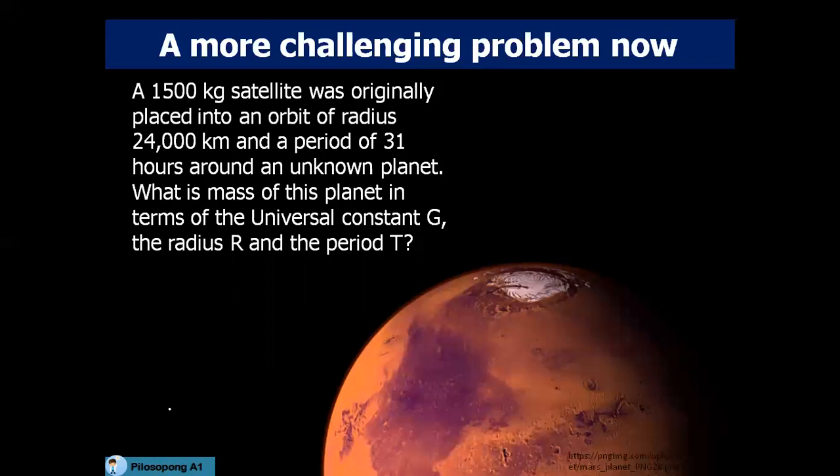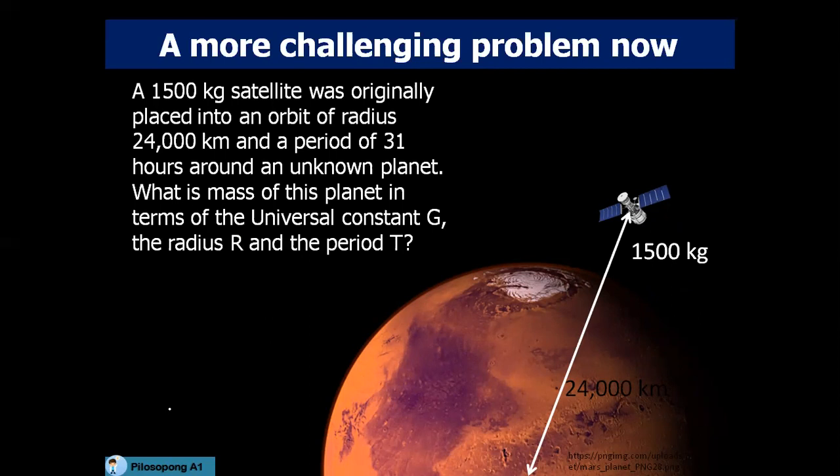So imagine that this is the unknown planet, and then we have a satellite that is 1,500 kilograms, and from the center of the planet we have 24,000 kilometers, and it takes 31 hours for the satellite to take one complete revolution around the planet.